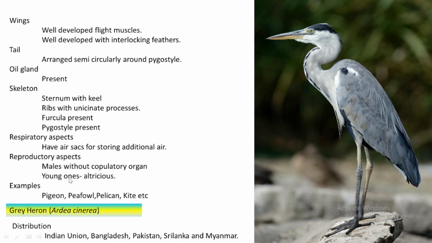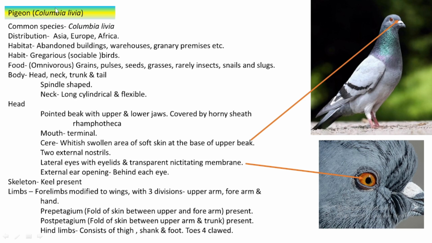So we are going to see the pigeon, otherwise called Columba livia. The common species is Columba livia, and its distribution is common in Asia, Europe, and Africa. Its picture is shown here. Regarding its habitat, it usually dwells in abandoned buildings, warehouses, granary premises.